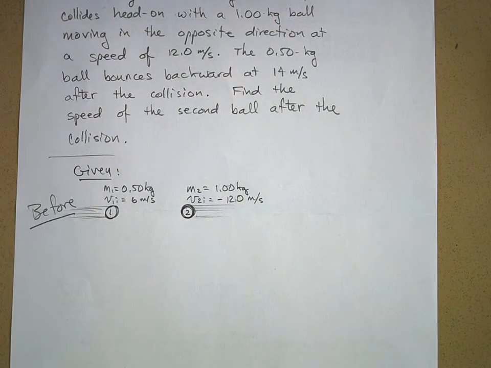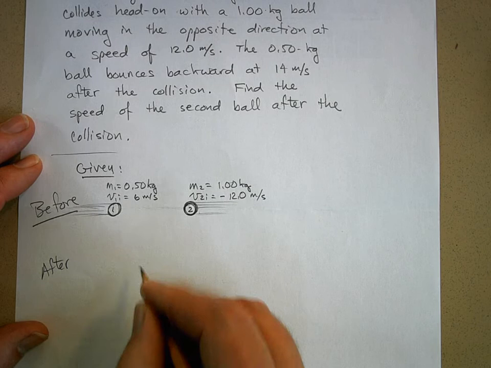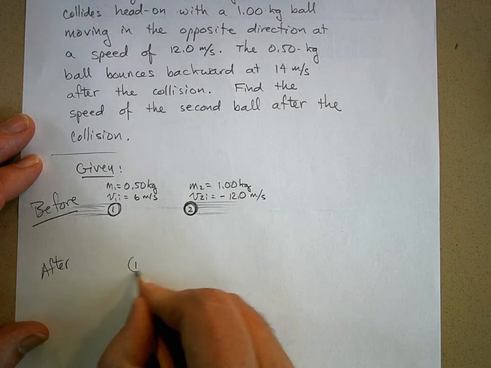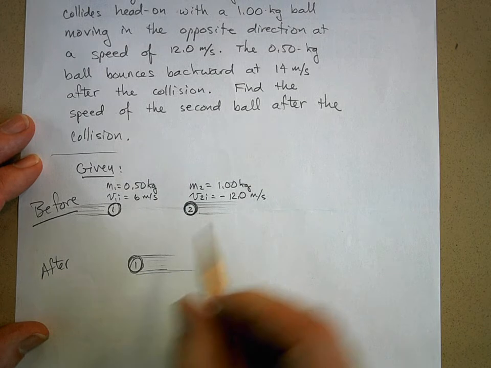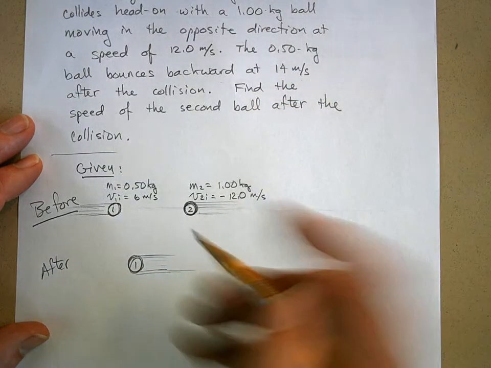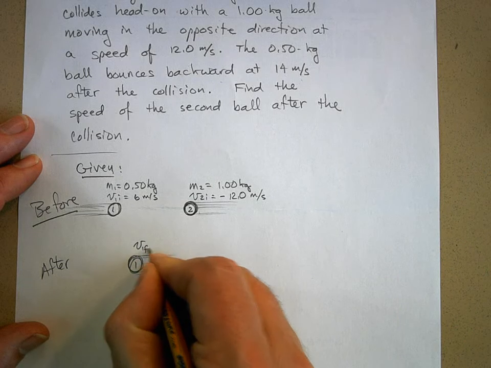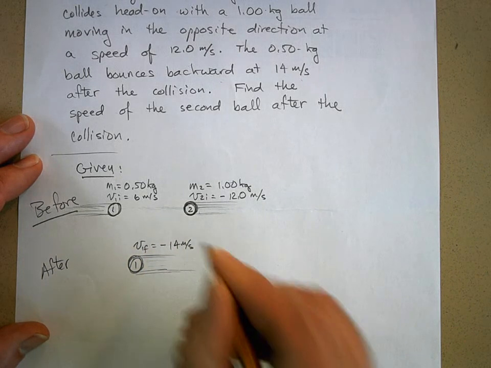Then they hit and they fly apart. So this is after the collision. Here's ball 1 after the collision, and it says it's moving the opposite direction, bounces backward, at 14 meters per second. So V1 final is equal to negative 14 meters per second.